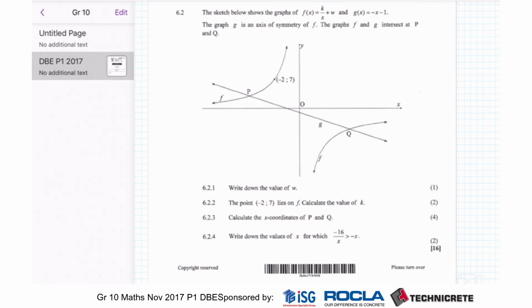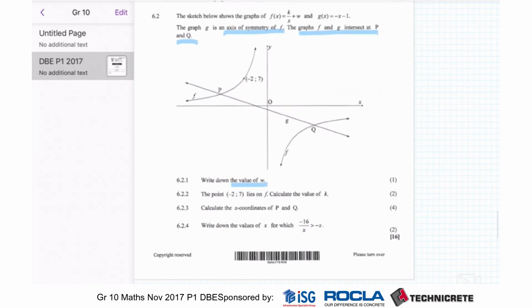The graph of g is an axis of symmetry of f, and the graphs f and g intersect at P and Q. Write down the value of w. So they give me f at x, they give me a point here, which is -2 and 7, and they give me the equation for g at x, which is my straight line graph.